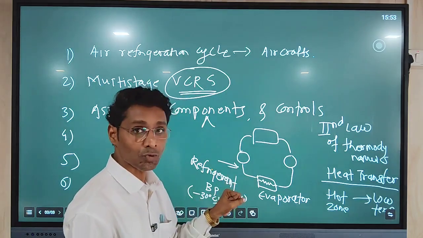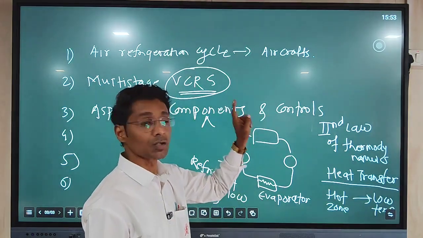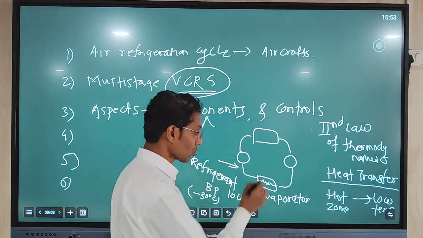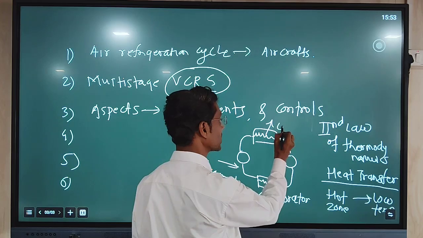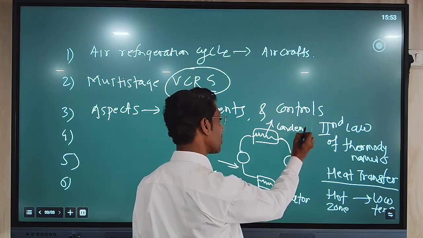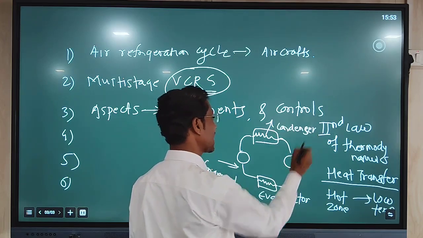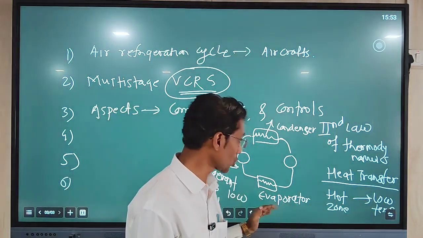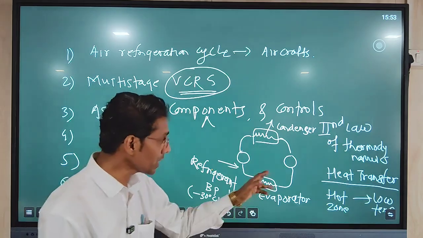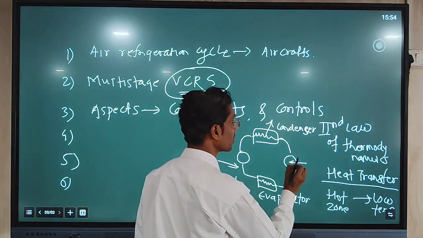This absorbed heat we have to reject to the atmosphere. So the device which rejects this heat is called the condenser. But naturally it is not possible because it is going from low to high. So we have to use some input.